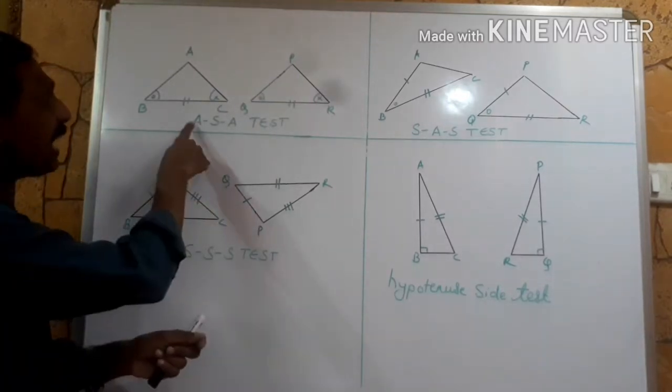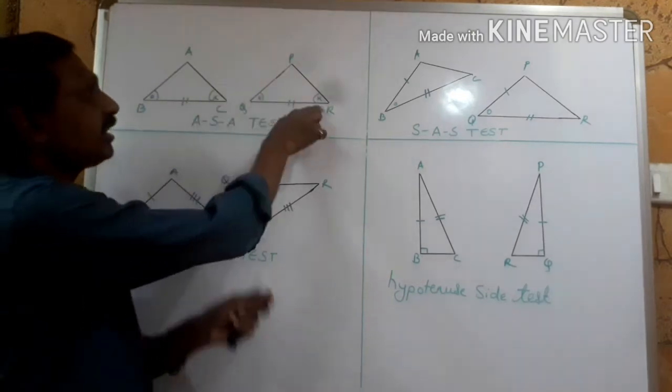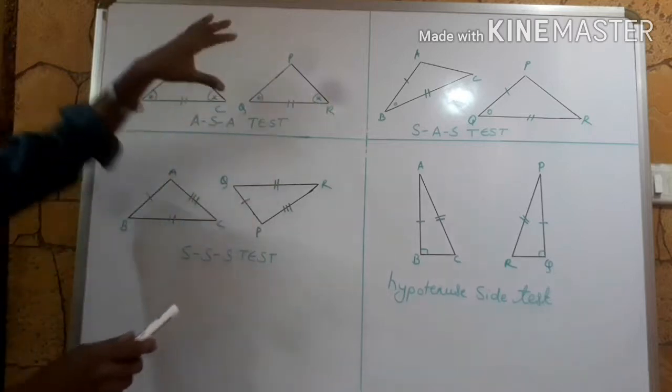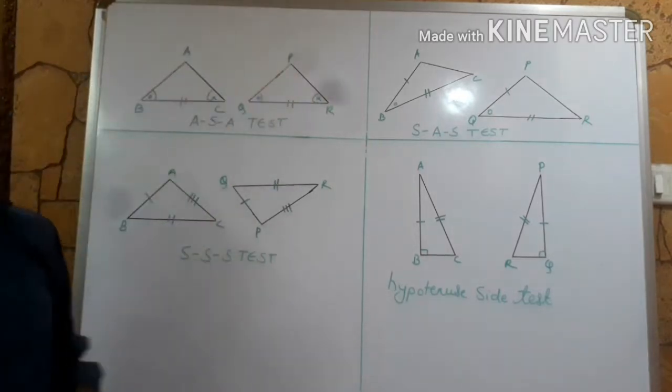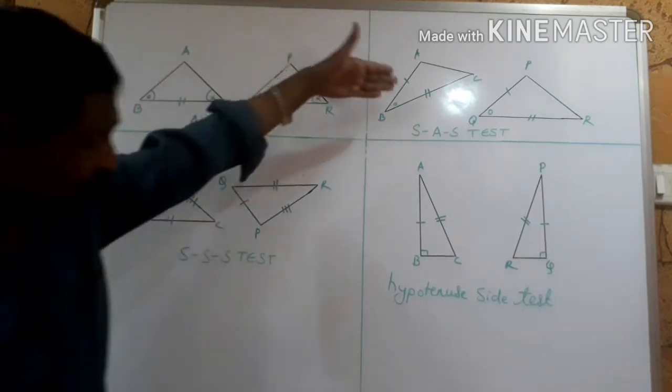By which property? Angle, side, angle. This angle congruent to this angle, this angle congruent to this angle, this side congruent to this side. That means this triangle is congruent to this triangle. By which property? ASA test.